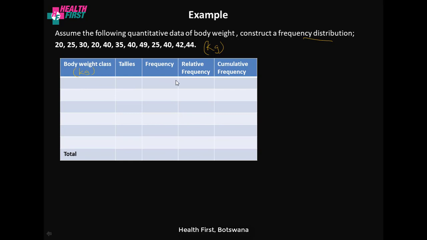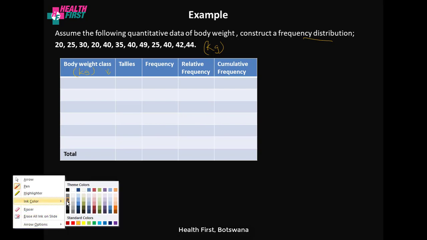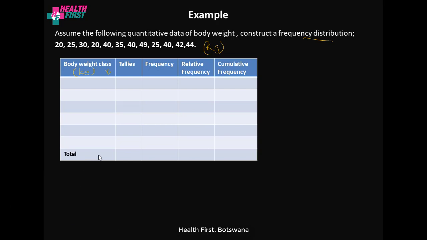This is how the frequency distribution would look. So we'd have our classes here, right? And then we have our tallies, our tally marks, frequency, relative frequency, and then the cumulative frequency. So by doing this, we have a complete frequency distribution table that we can then use to construct graphs if we so desire.